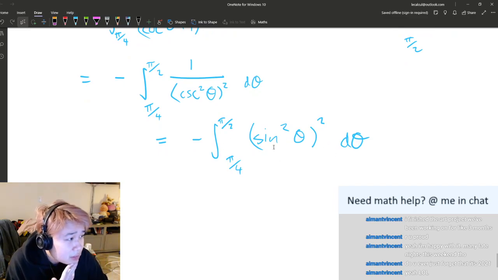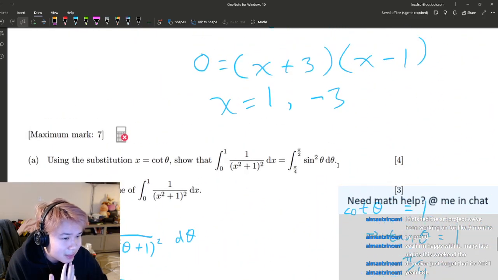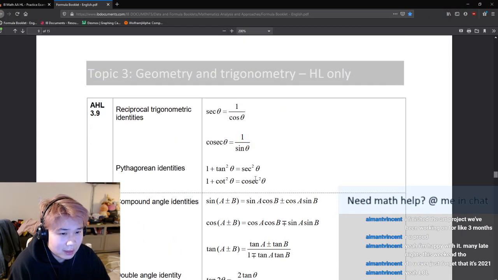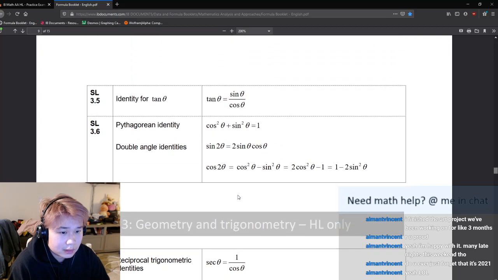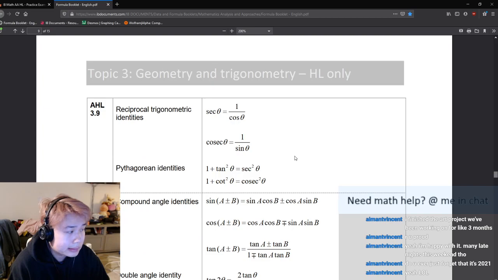And then I end up here. But I need to show that this is equal to this. Do I need to use another identity? I don't see how that's possible.